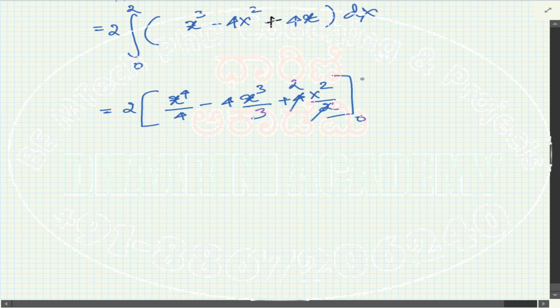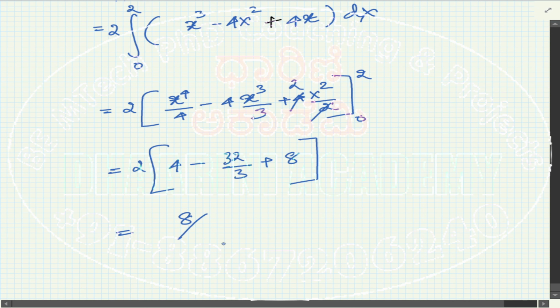Substitution should take place from 0 to 2. 2 times 2 comes over there as this becomes 4 minus 4 into 8, 32 divided by 3 plus 2 into 4 is 8. So upon simplification, we are going to get the answer as 8 by 3, which is the required answer.